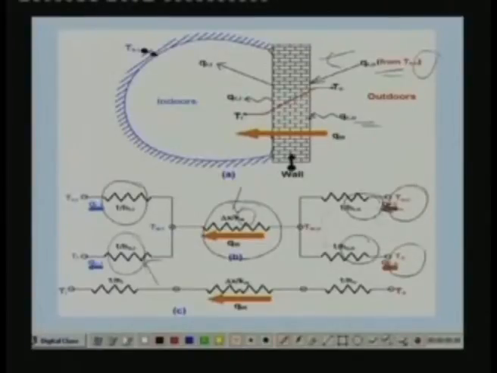Now we can write an equivalent circuit by combining these two parallel resistances into a single resistance 1 by H naught, and similarly for the inside surface side we can combine these two resistances into a single resistance 1 by Hi. So H naught and Hi are the equivalent resistances which consider both radiation as well as convection heat transfer on the outer surface side as well as on the inner surface side.